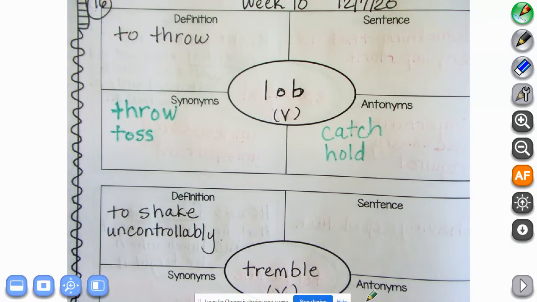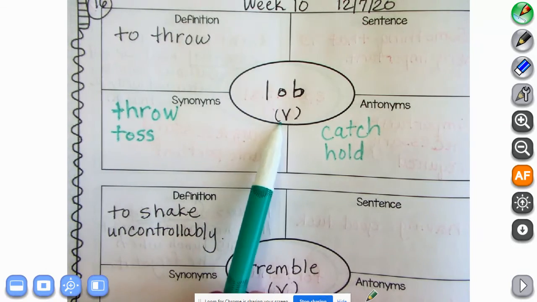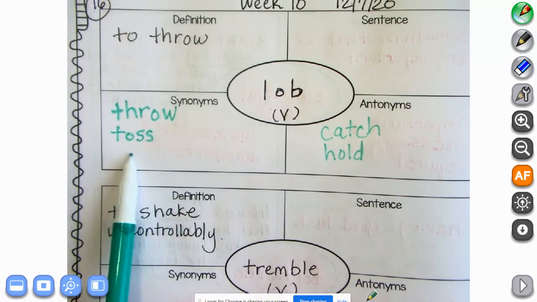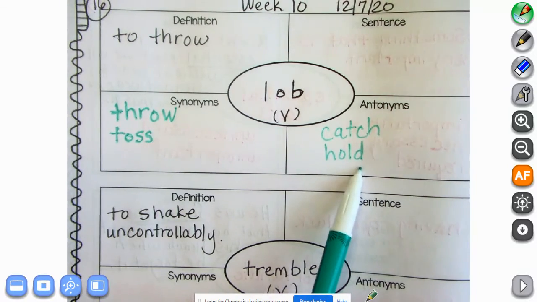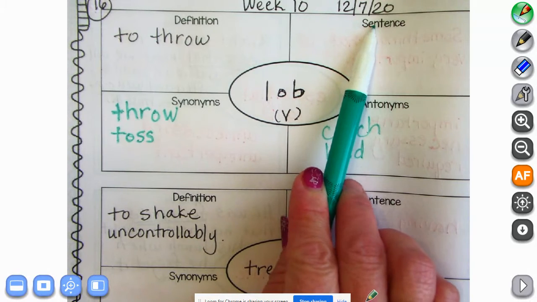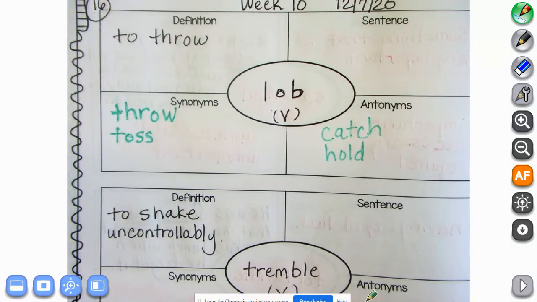All right, so before we move on, make sure you have lob, verb, to throw. Throw and toss, catch and hold. Make sure at the top we have week 10 and the date as well. That would be important for you. If I ask you to go look for week 10, that will help you find it.